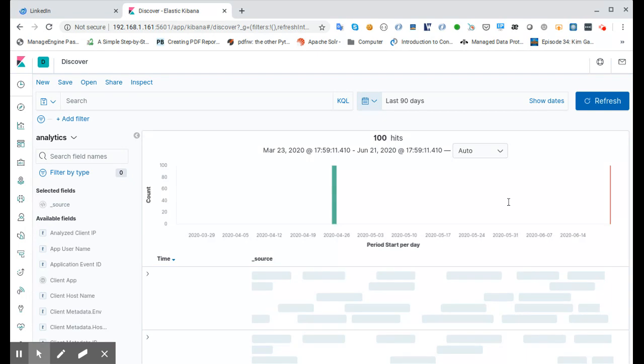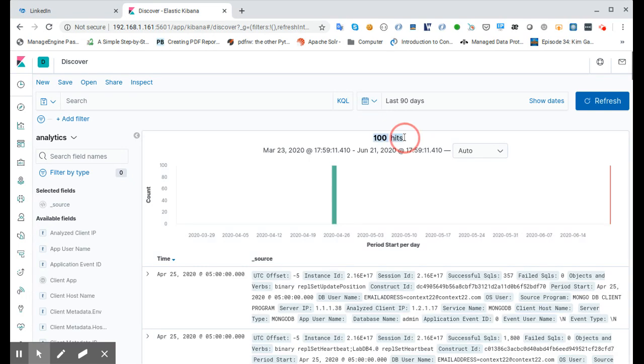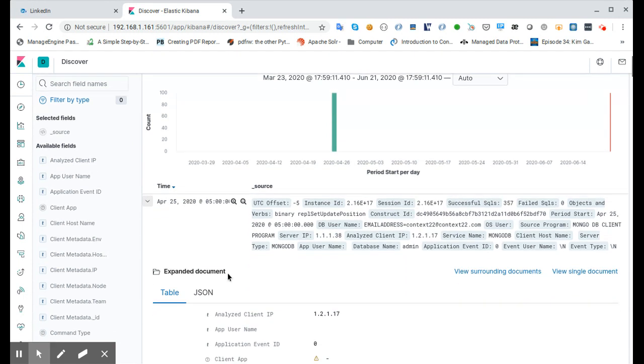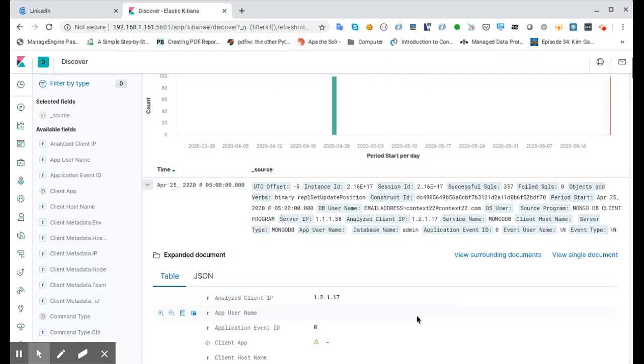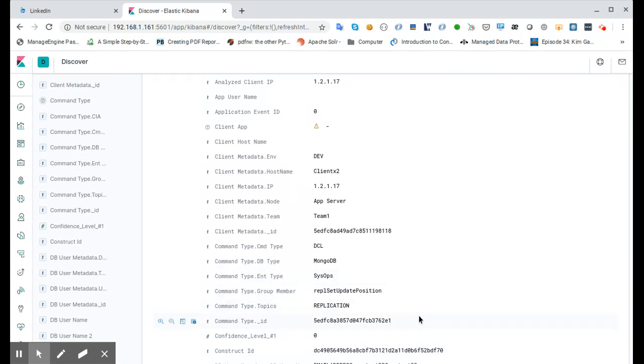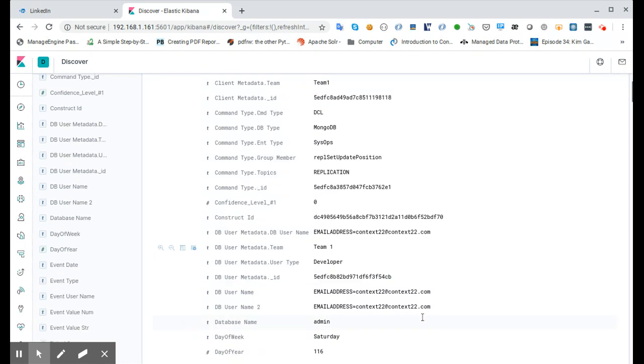Okay, we've got 100 records. This is, for instance, an access period in Guardium, and therefore a record is a summary of the activity during 1 hour for a specific session on a specific SQL or command.